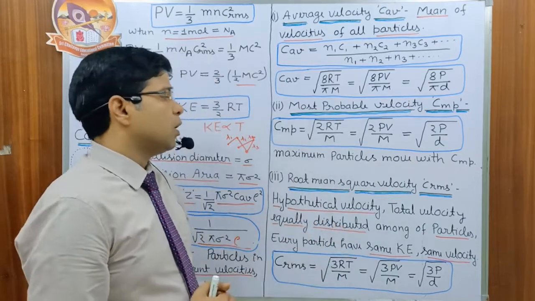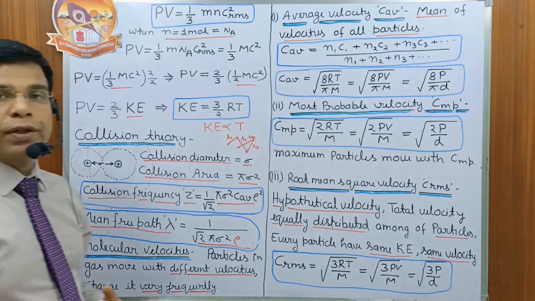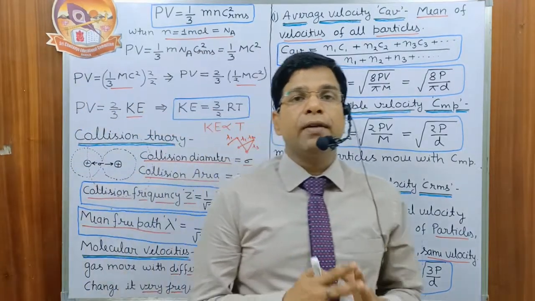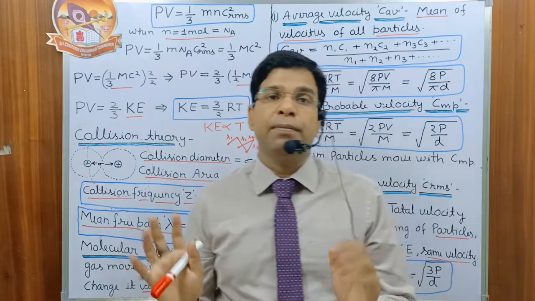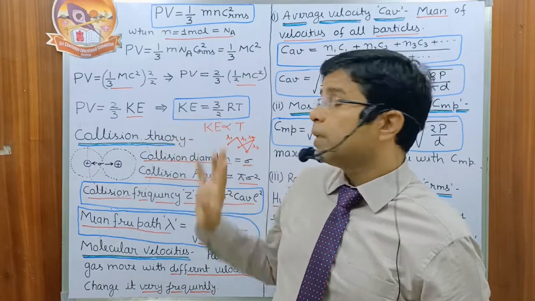Next we have the root mean square velocity. Root mean square velocity is a hypothetical velocity. Why is it hypothetical? First we can measure the temperature very easily. By knowing the temperature we can calculate the kinetic energy.